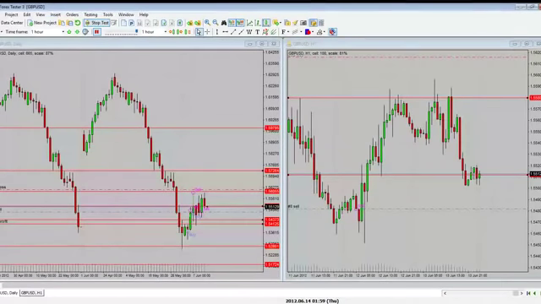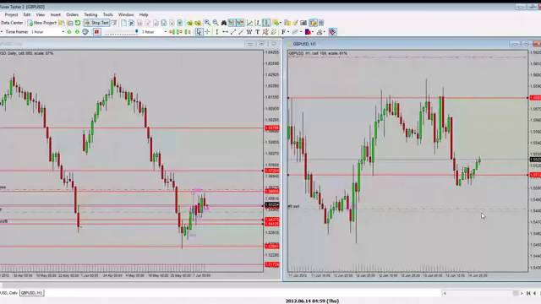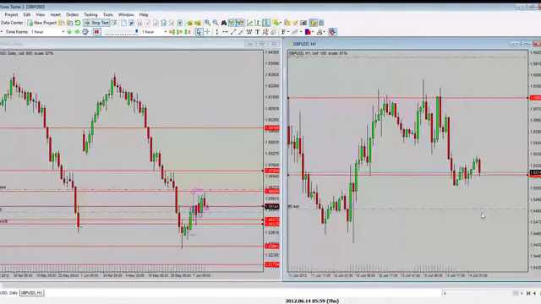So I'd be looking for price to drop. Let's see if we can get that drop. Okay, we're getting the pullback. So what price is doing here is it went into this previous support resistance area.